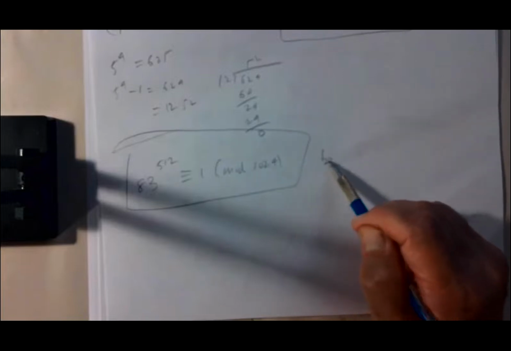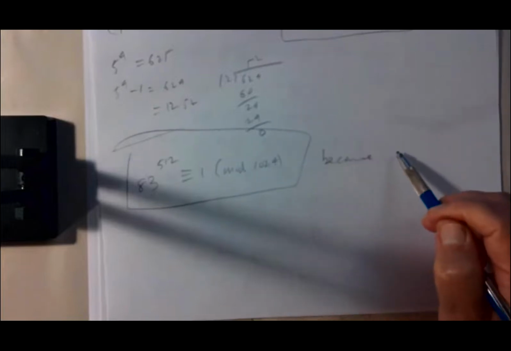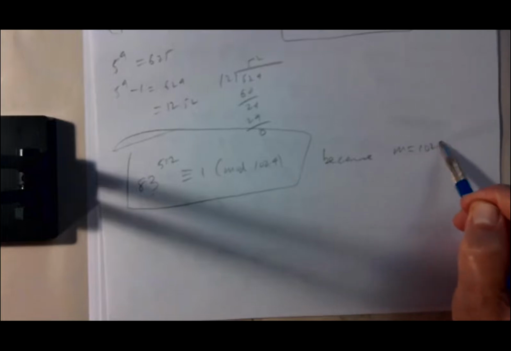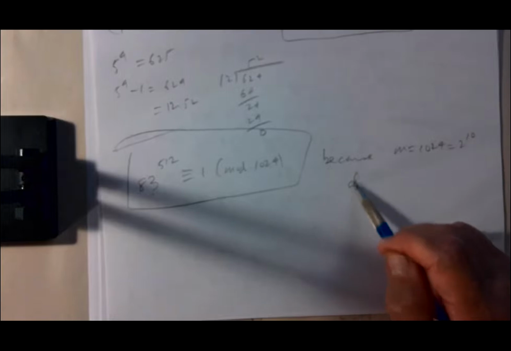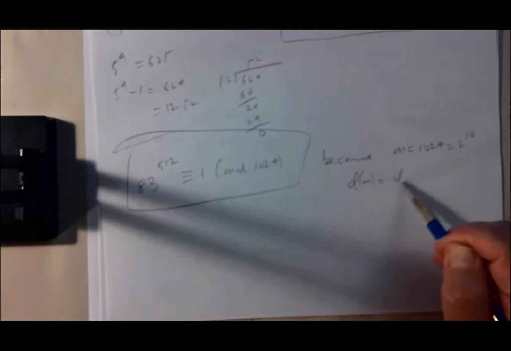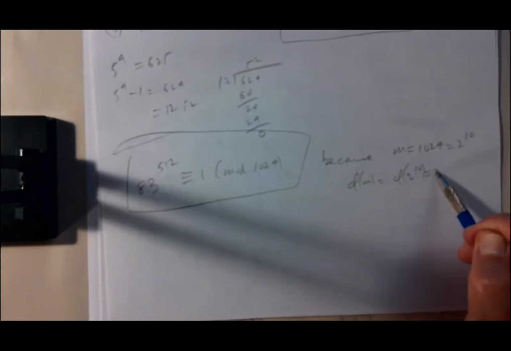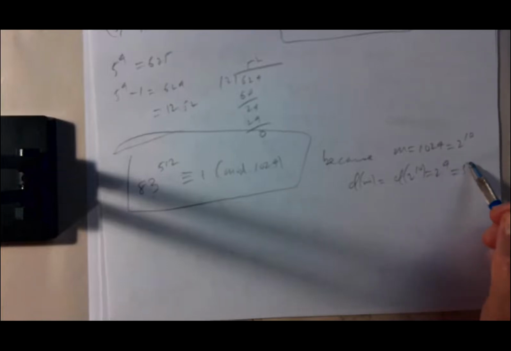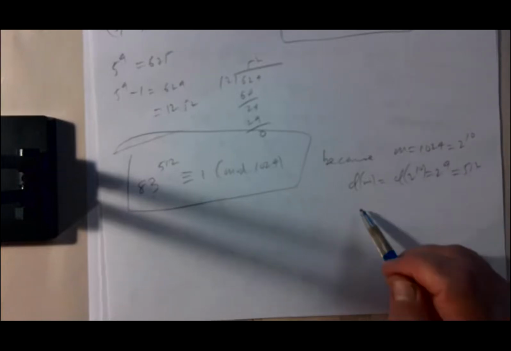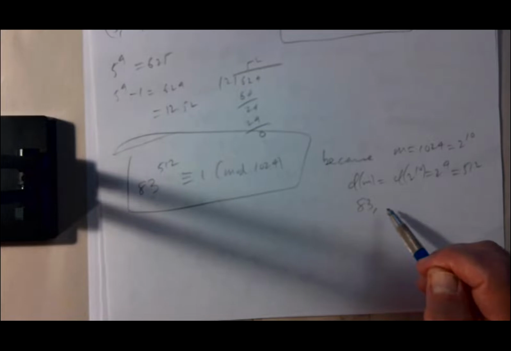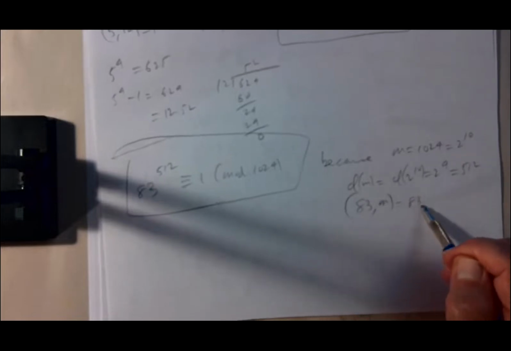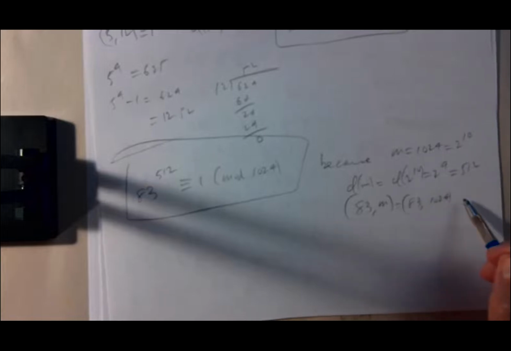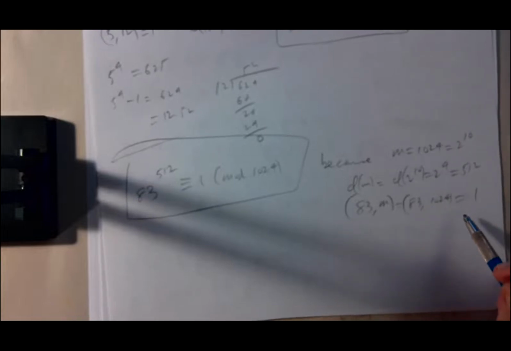But we know this is true. Why is this true? Because if I take m to be equal to 1024, which is 2 to the 10th, phi of m is phi of 2 to the 10th, that's 2 to the 9th, which is 512. 83 and m are relatively prime. 83 and 1024 have no factor in common.